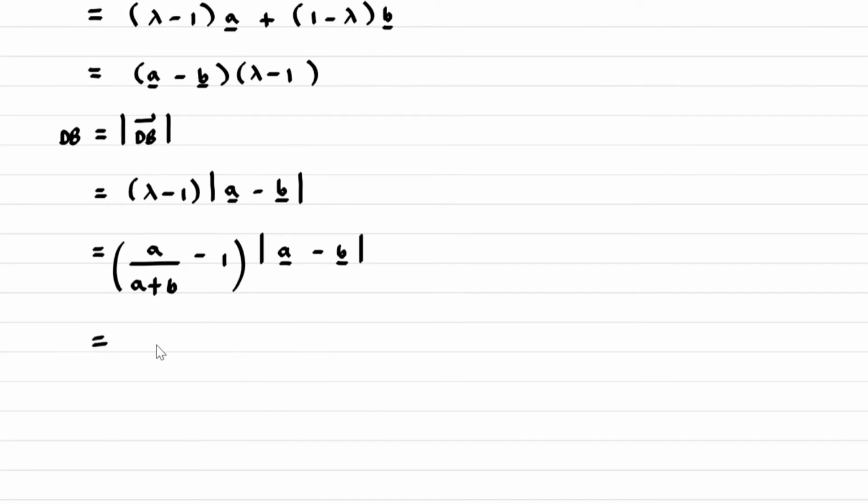So I've got a minus, and then in brackets a plus b, over a plus b, and I still want the magnitude of this actually, if we're being technical about things, then we should have the magnitude of this.